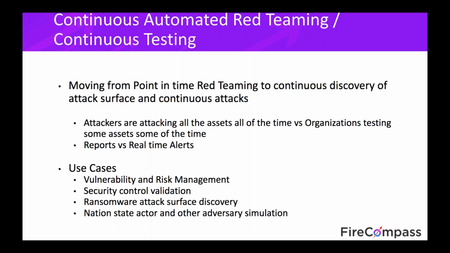For continuous automated red teaming, very quickly, normal penetration testing or vulnerability assessment is where you are given a specific target and the tool, or the consulting organization, or your own team, is supposed to find out the vulnerabilities or risks. So you know the target and you try to find out the risk.